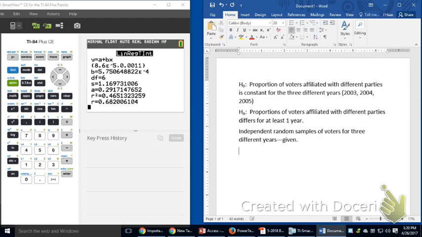And also I need to know, are expected counts greater than or equal to 5? And the test I'm going for here is a chi-square test of homogeneity.